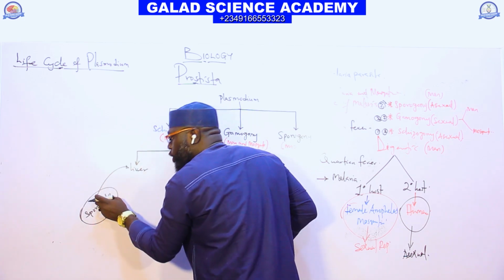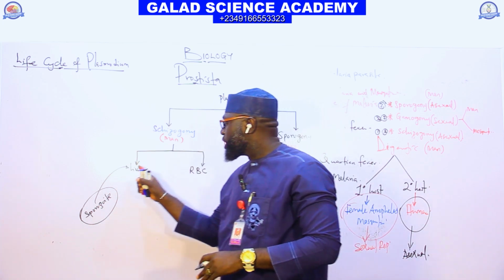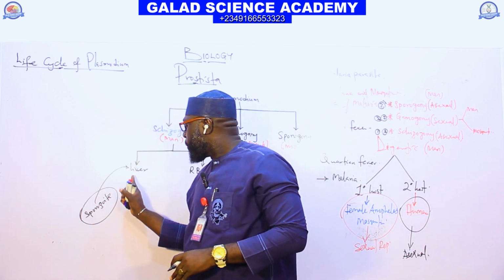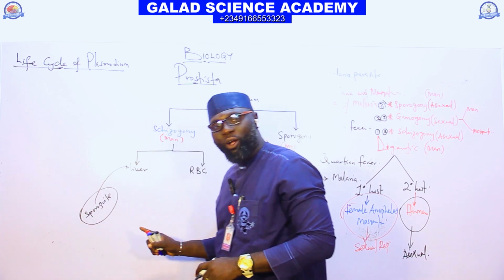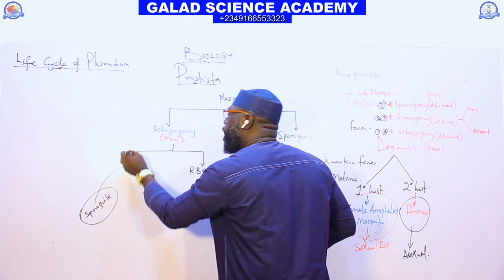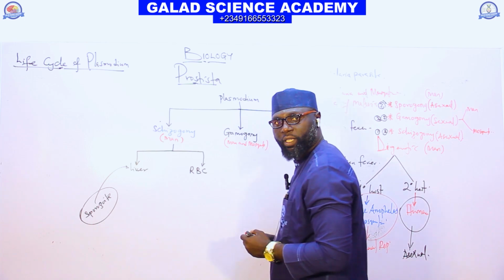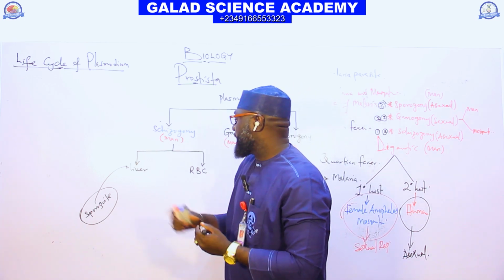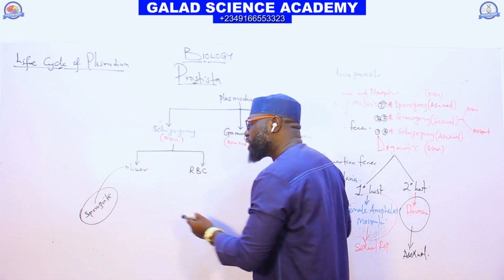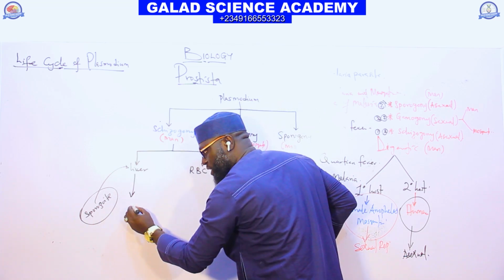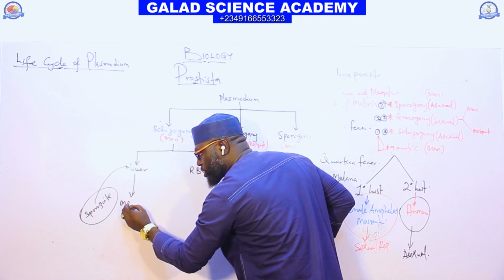So when the sporozoites get to the blood, it will try and penetrate the liver. When it gets to the liver, it will now undergo asexual reproduction called zygogony. And at a point, the liver will burst and release merozoites.